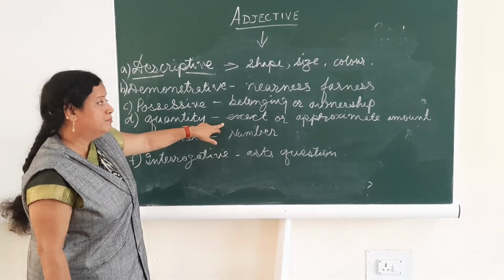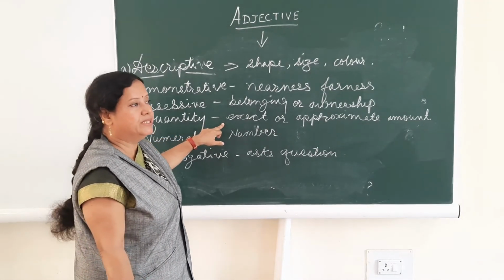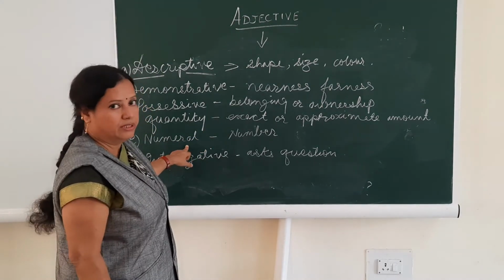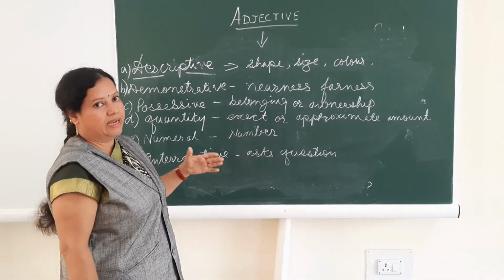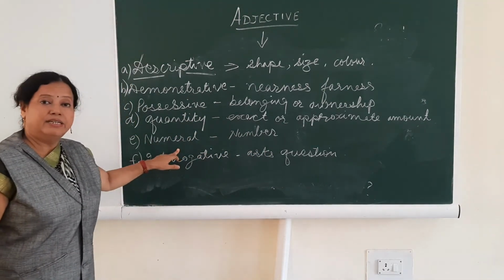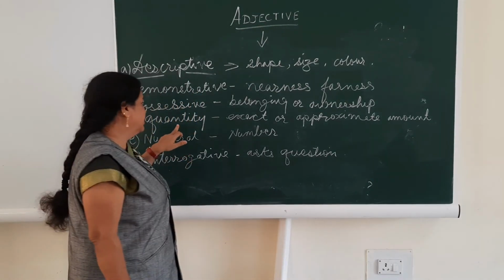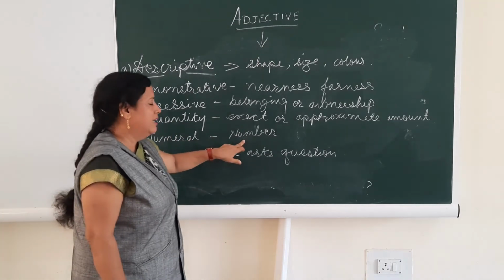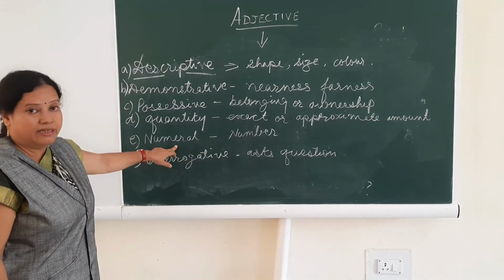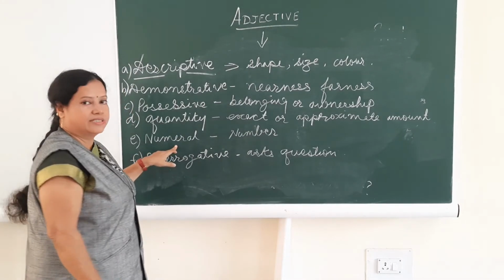But you have to remember that if I say few biscuits, then biscuits are countable. You have to see the noun after that. If it is countable, then it is a numeral adjective. If it is not countable, then it is a quantitative adjective. Numeral adjective, as is clear from its name, says the number, like 1 pen, 2 pencils.